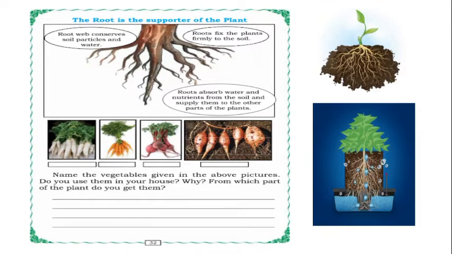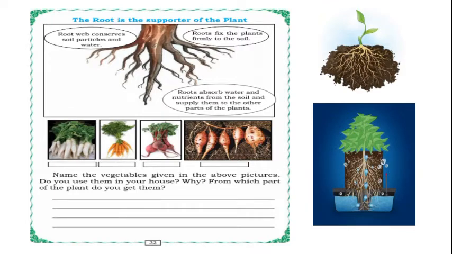Next, roots absorb water and nutrients from the soil and supply them to the other parts of the plants. Then how will the other parts get nutrients and water? Through the root only. Roots absorb the water and nutrients from the soil, and after that they transfer them to the other parts of the plant.